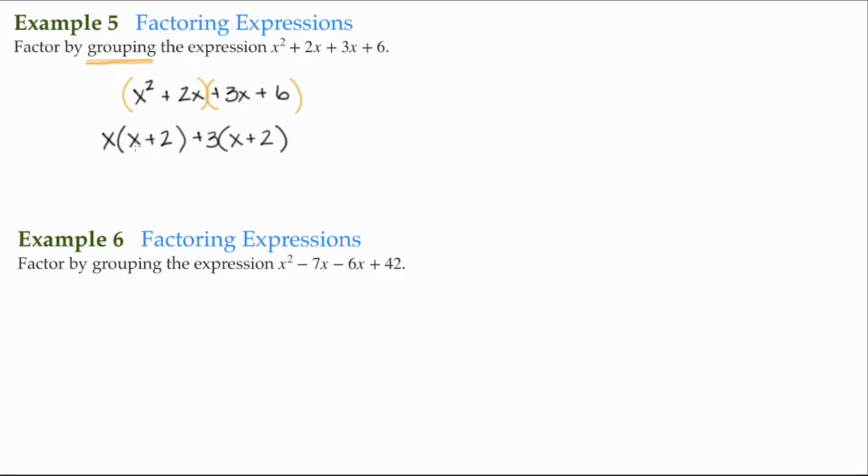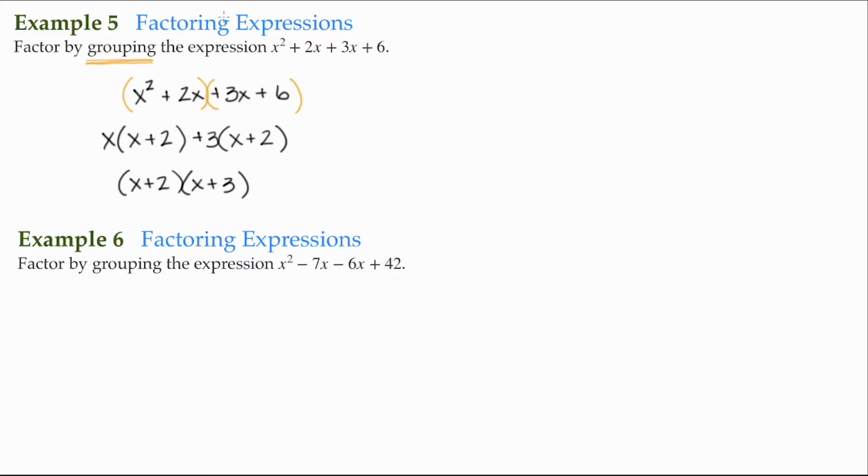So as you can see, we have something in common between the two terms. What do we have in common between these two terms? X plus 2. So we'll continue with the factoring process. So we'll factor out x plus 2. And what do we have left? X plus 3. So x plus 2 times x plus 3 are the factors of x squared plus 2x plus 3x plus 6.